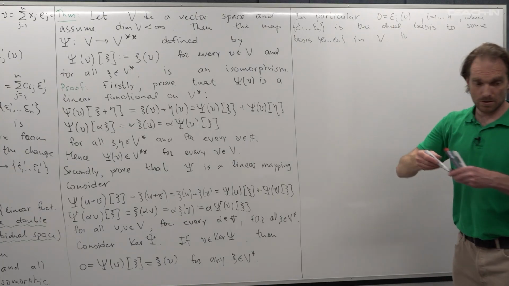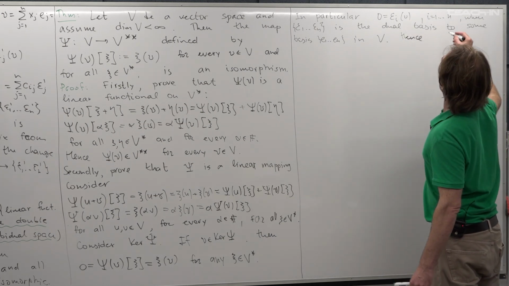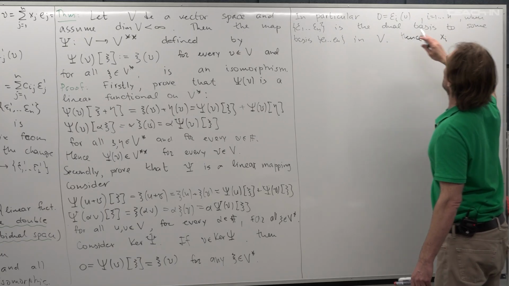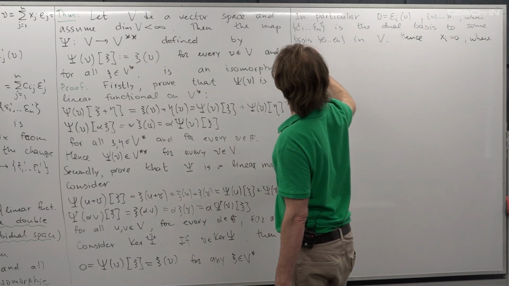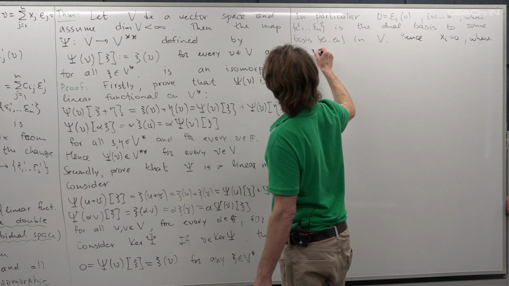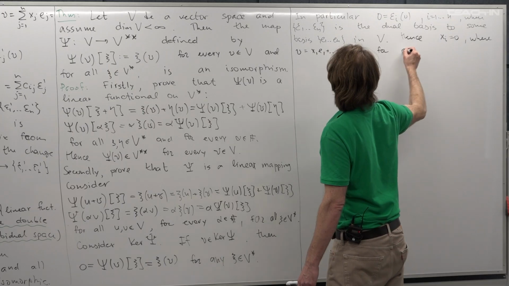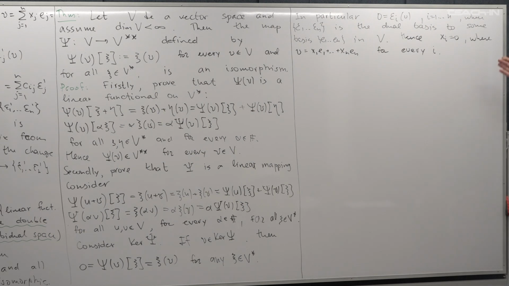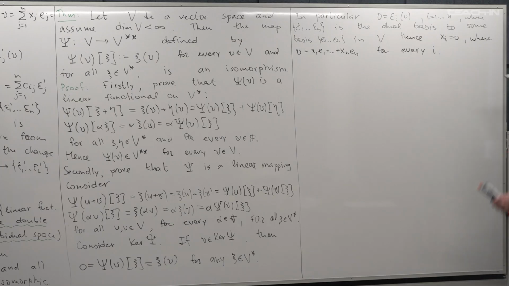So the ith coordinate of this vector is 0 for every i. So what do we get? We show that all the coordinates of this vector with respect to some basis are zeros. That's why V is the zero vector.